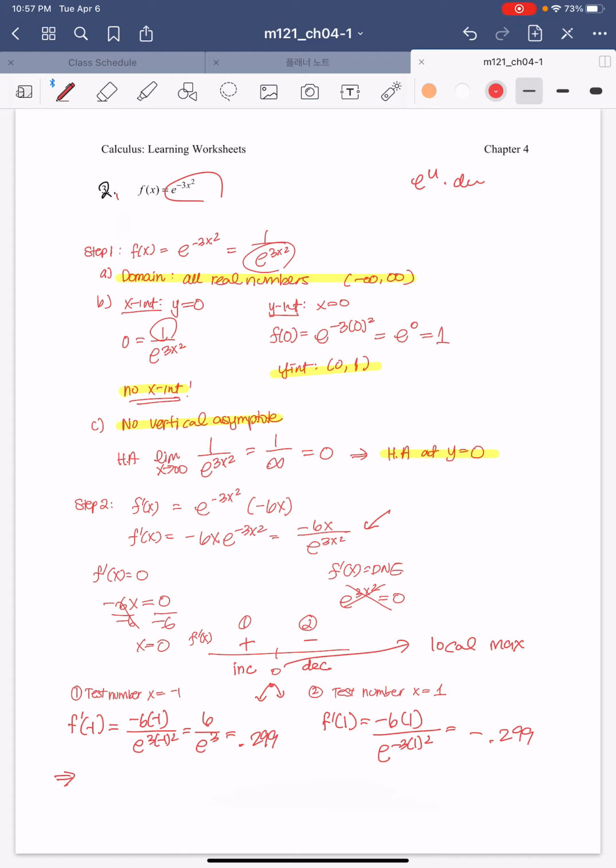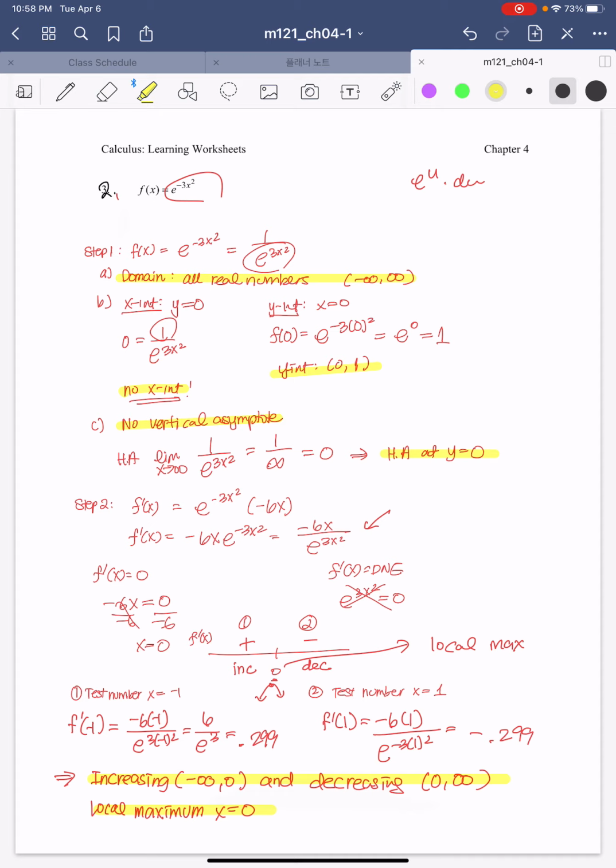So we have increasing on the interval negative infinity up to 0, not included, and decreasing from 0 to infinity. And then we have a local maximum this time at x equal to 0. Okay, let's highlight that.